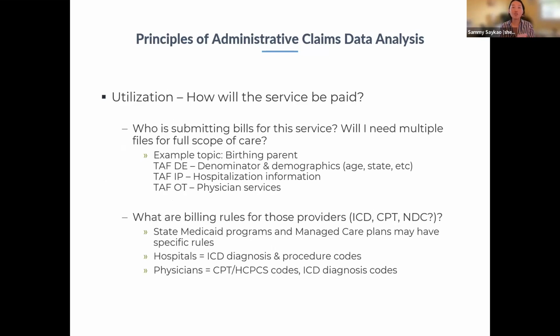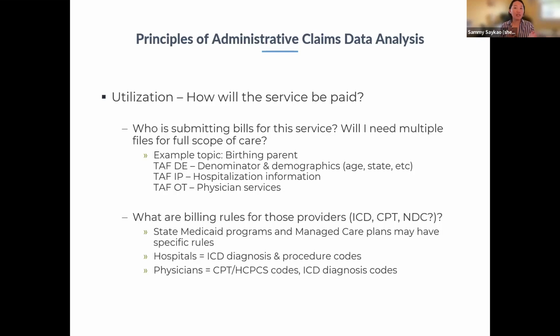Let's say we're interested in looking at birthing parent, right? So intuitively, we might think, yeah, we definitely want the denominator file because we're interested in demographics, and we want the inpatient file because we want to capture the birth. But depending on how your study is set up, you may also be interested in the other services file if you want to know their physician services before and after, if applicable, right? So it depends on what your study is looking for.